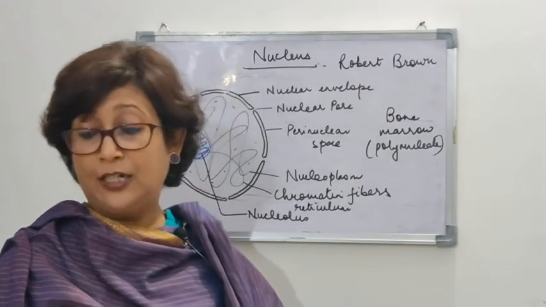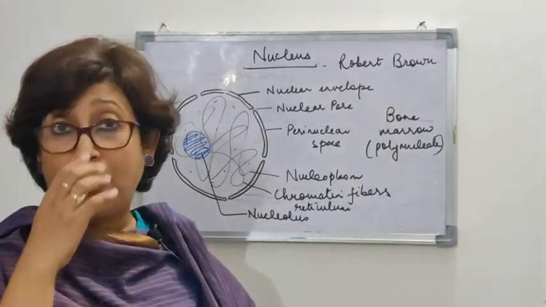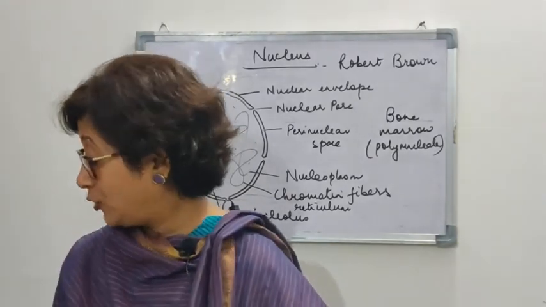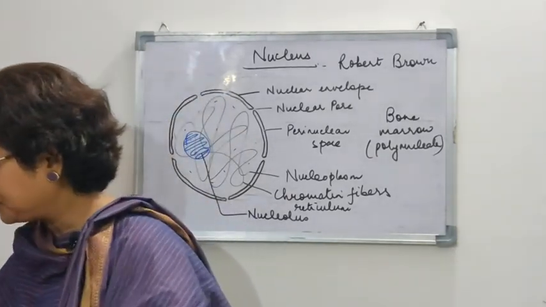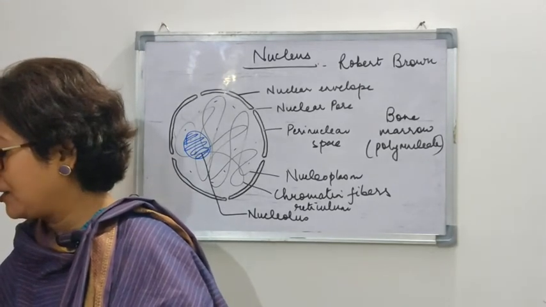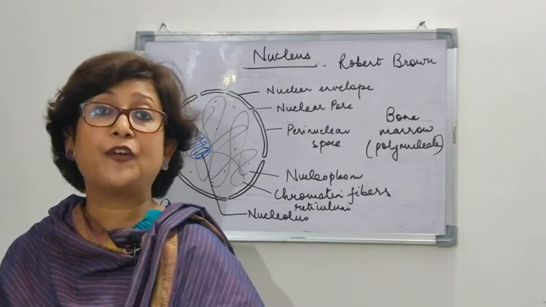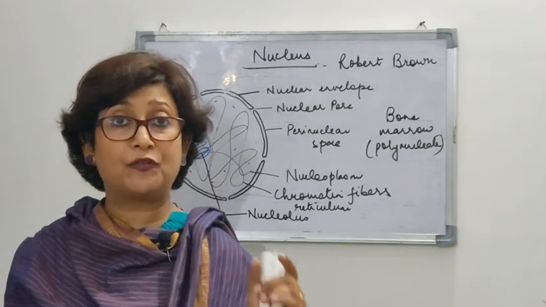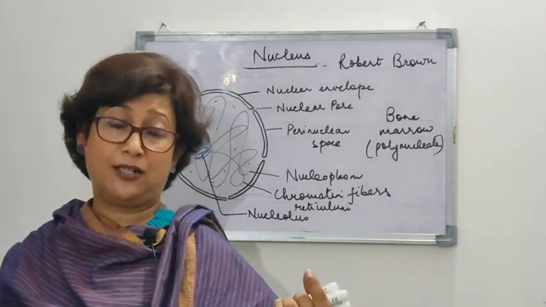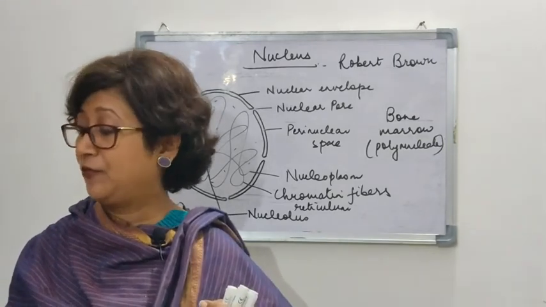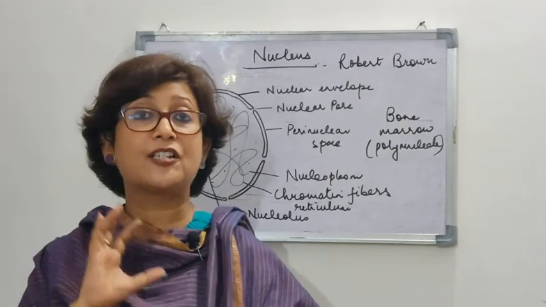The nucleus, right? Now we come to the next part, which is the chromosomes. They are found in the nucleus in the interphase part of the cell division, right? So I told you that when we talk about the nucleus, there are various stages.